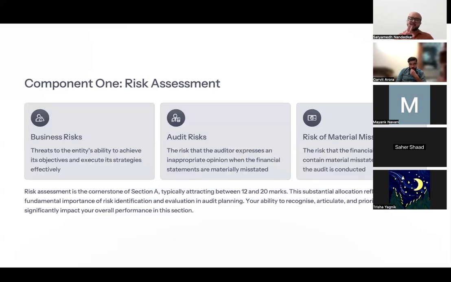Now, as I said, there are three types of risks that are tested in section A. One is business risk, threats to the entity's ability to achieve its objectives and execute its strategies, or anything which could ultimately lead to closure of the business, anything that could damage the reputation of the company. So all of these are business risk. कि ठीक है, for example, a company is operating with a license.